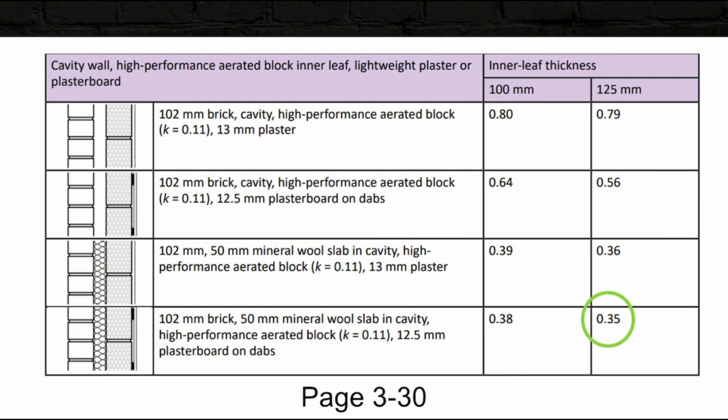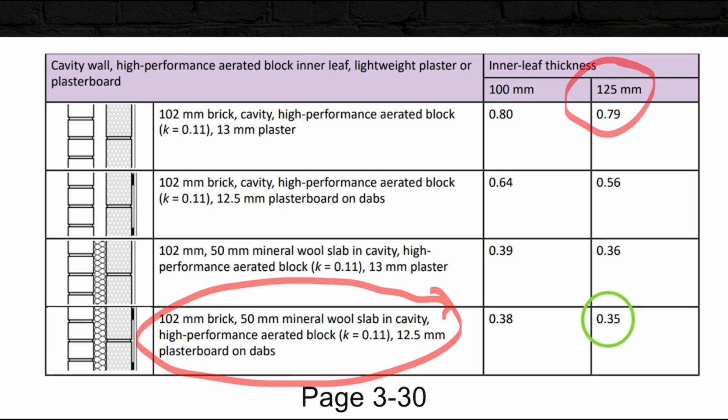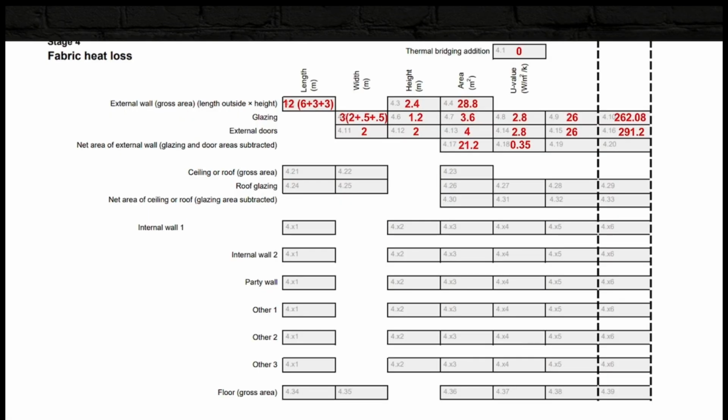Our U value therefore is 0.35, because this description exactly matches our structural element. The 0.35 is due to the fact that our inner leaf thickness, the high performance block, is 125mm. If it was 100mm, the U value would be 0.38, higher. So our 0.35 goes into box 4.18.